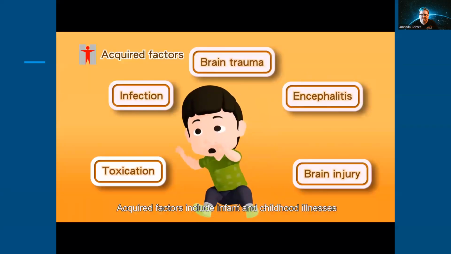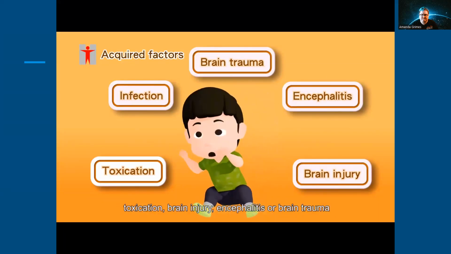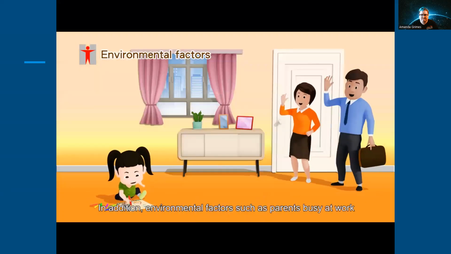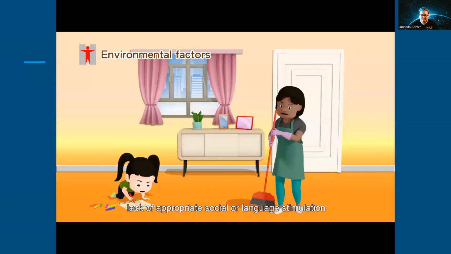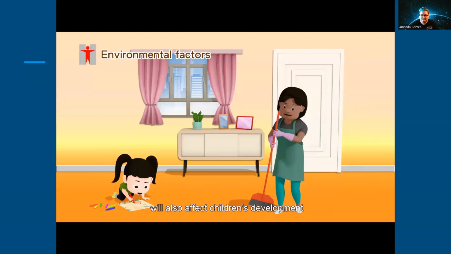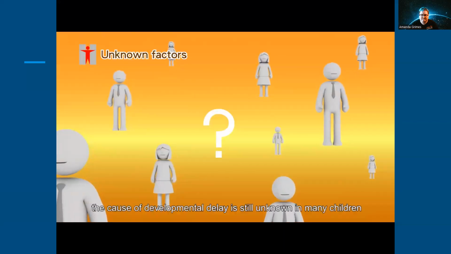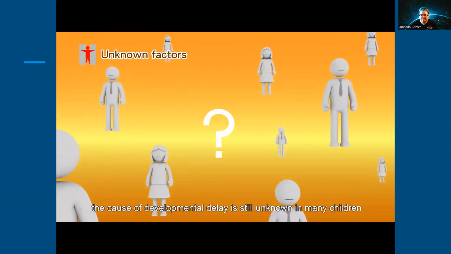Acquired factors include infant and childhood illnesses, toxication, brain injury, encephalitis, or brain trauma. In addition, environmental factors such as parents busy at work, lack of appropriate social or language stimulation, will also affect children's development. However, the cause of developmental delay is still unknown in many children.